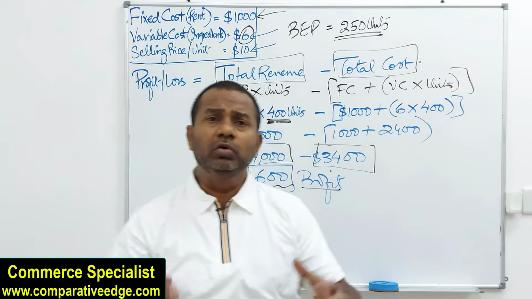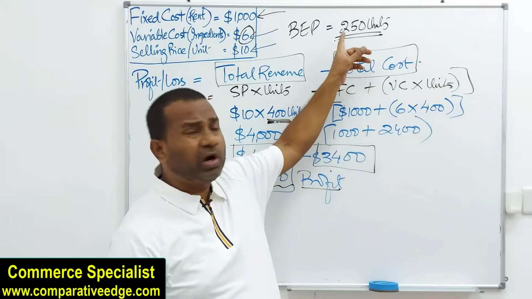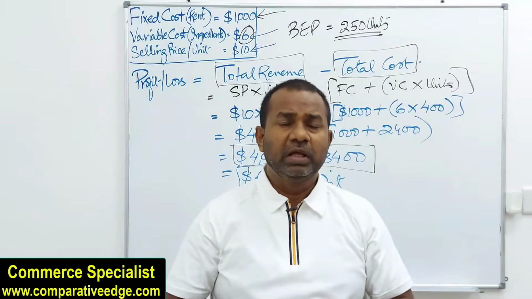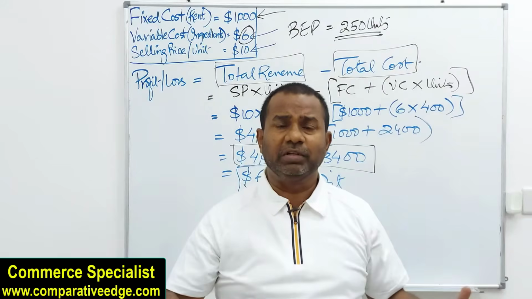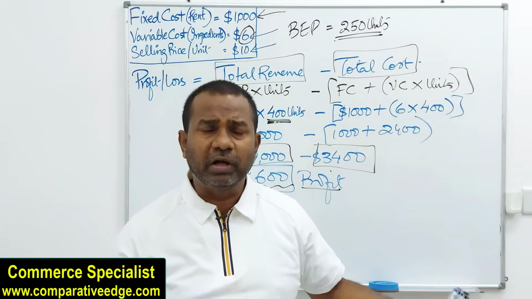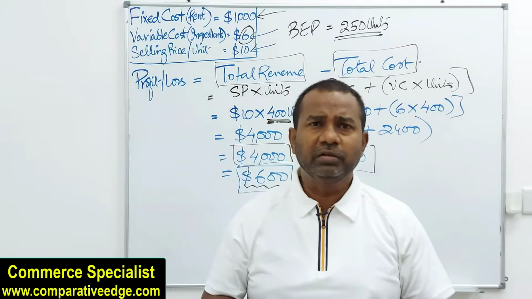Now let's assume you want to open up a restaurant. Your break-even point is 250 chicken rolls a month. Then you look at the other dynamics, the other factors. Do the market research. Look at the population in that area, whether they eat outside or not.